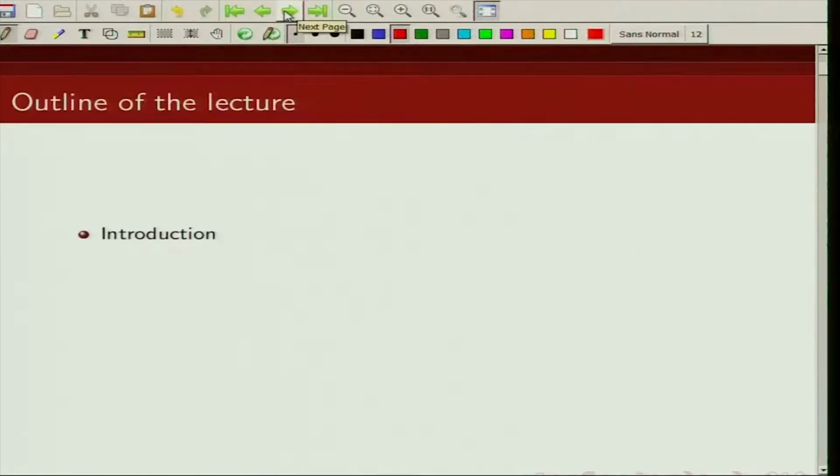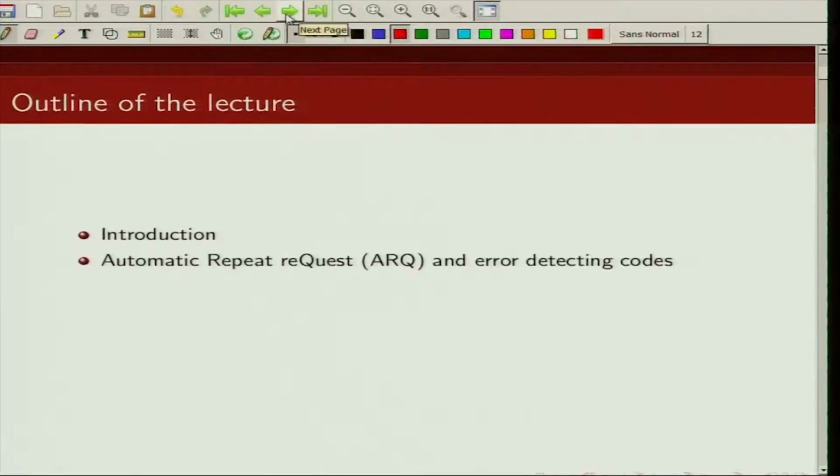So this is the outline of the talk today. I am first going to briefly describe what an ARQ scheme is, and then I'll talk about the role of error detecting codes in ARQ schemes.